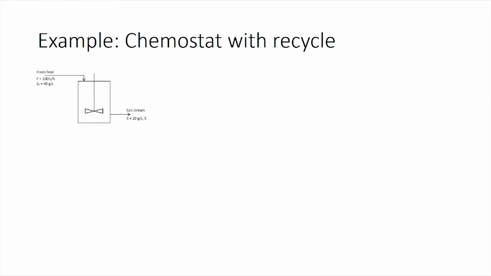So, now that we have the value for mu as 0.158 per hour, we can calculate the value for the volume as 100 divided by 0.158, which is basically F divided by mu, giving you a value of 631.9 liters.